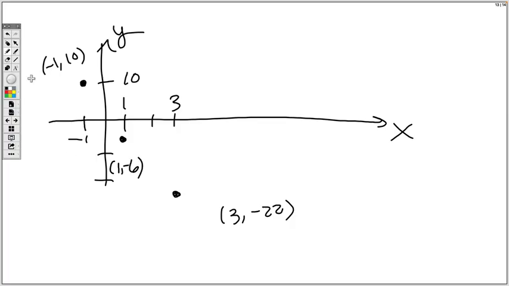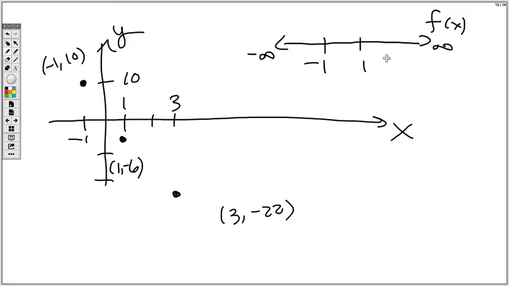Okay. So let's see what's going on here with this function. I've got coming up to negative 1, coming up to 1, and coming up to 3.